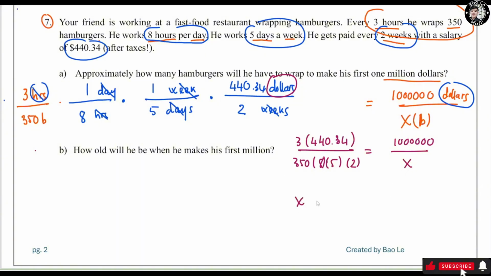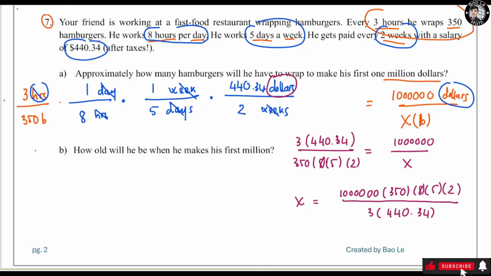So S equals 1 million times 350 times 8 times 5 times 2 divided by 3 times 440.34.